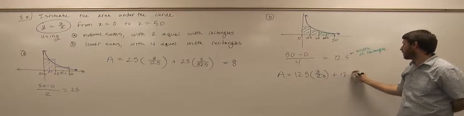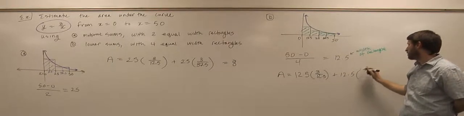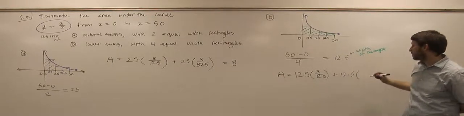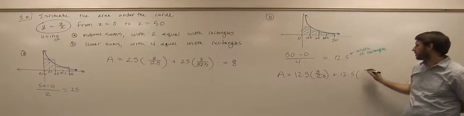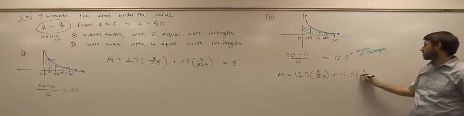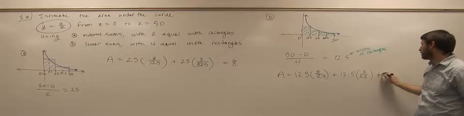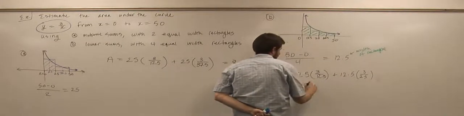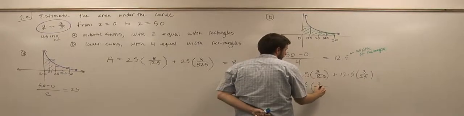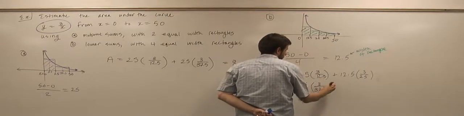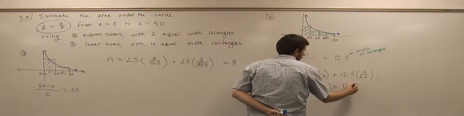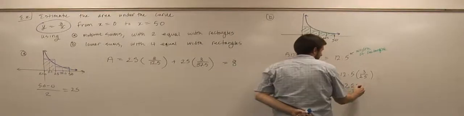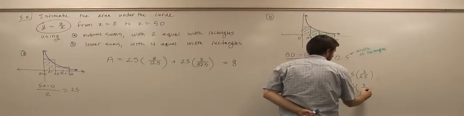Plus 12.5 times, what's the height of the next rectangle? 3 over 25. Plus 12.5 times 3 over 37.5. Plus 12.5 times 3 over 50.